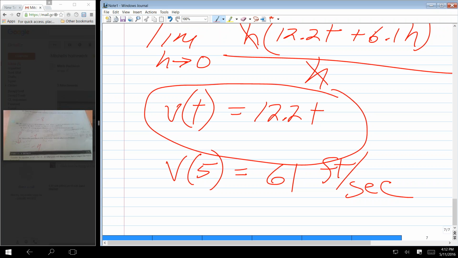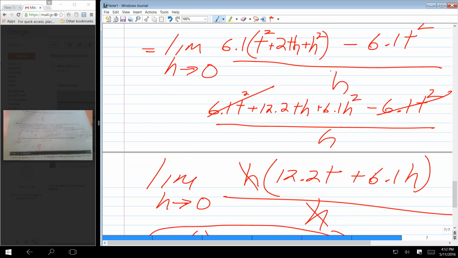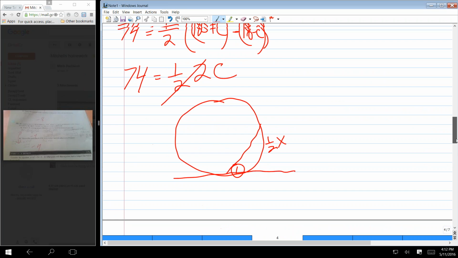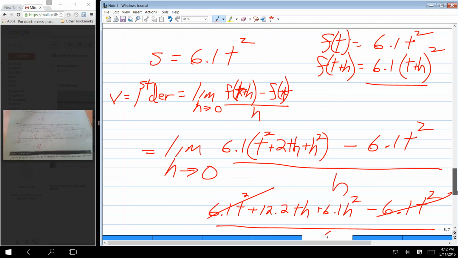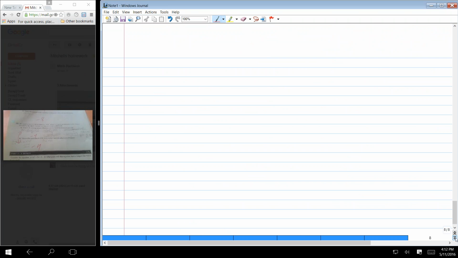Right. With me? And like I said, whenever you're doing this limit definition, and trust me, you'll only have to do it, I'm going to tell you the power rule because it's going to be helpful to you in checking your answers. If s is equal to 6.1 t squared, here's how the power rule works.